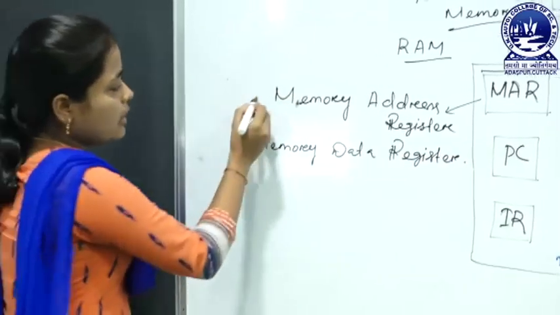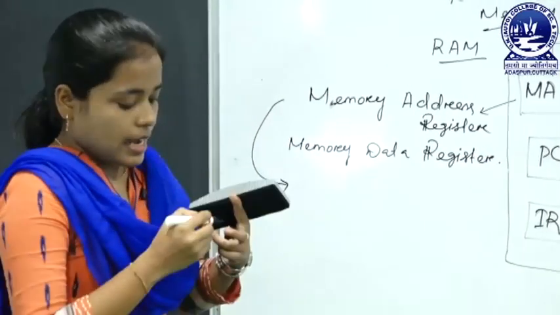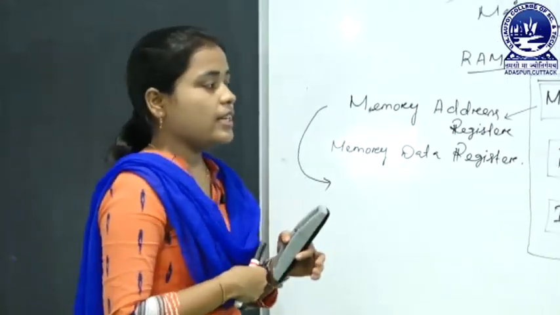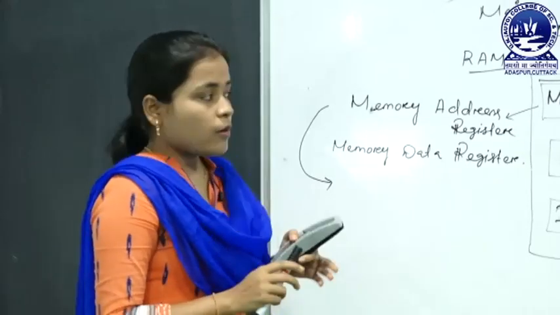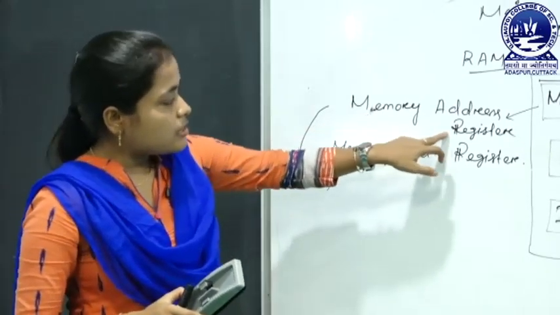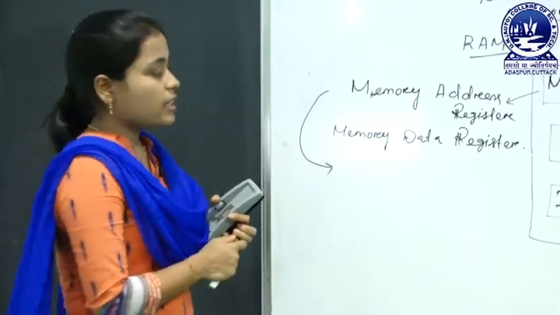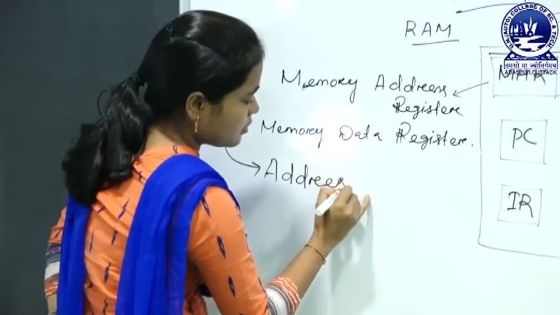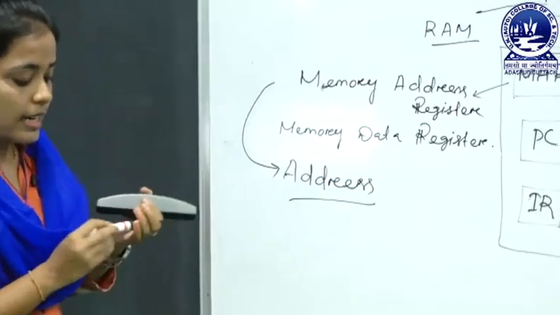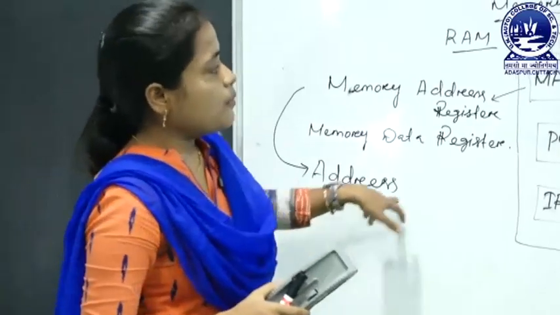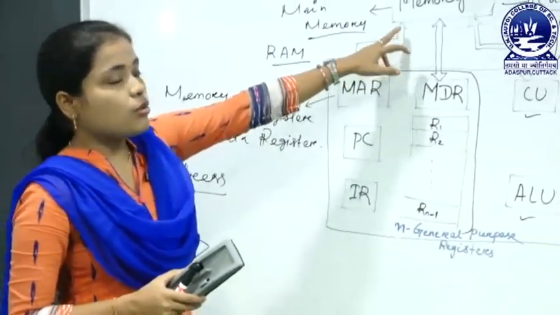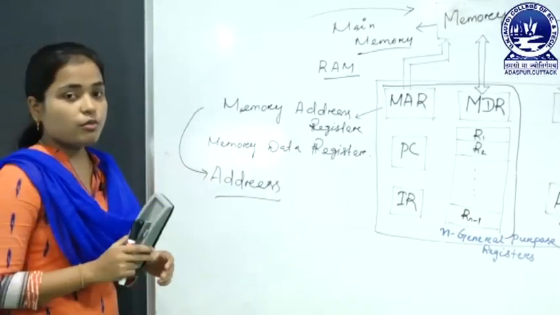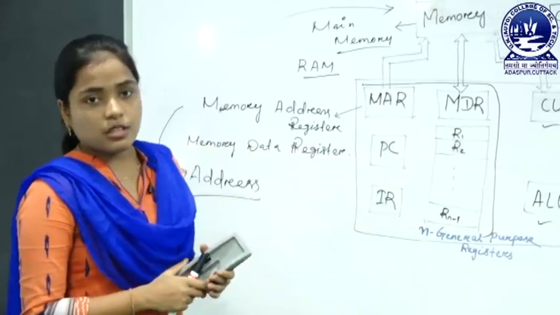So what will the memory address register contain? As we know, a register is a small device which contains a small amount of information. So the memory address register will contain the address of the instruction which is stored in the memory, or the memory location of the instruction which will be executed by the processor.